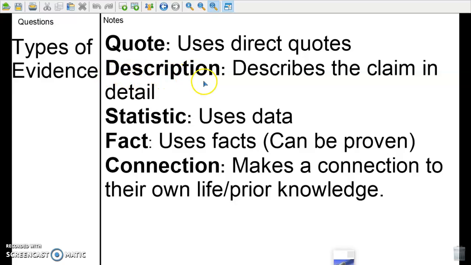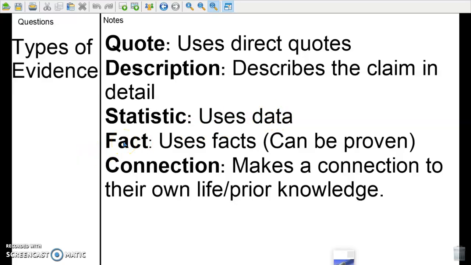A description describes the claim in detail. So it gives you more information about your I think statement, and it describes it in a way that validates your I think statement. A statistic uses data. So that is just like the example where I had the 89% of teachers believe that school uniforms reduce bullying.